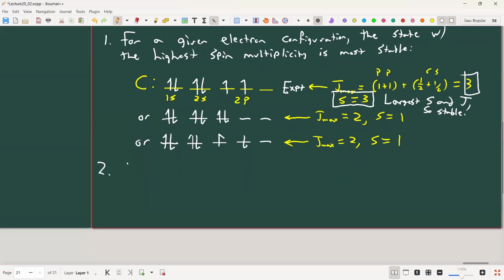The second rule is for a given multiplicity. A state with highest L is most stable.